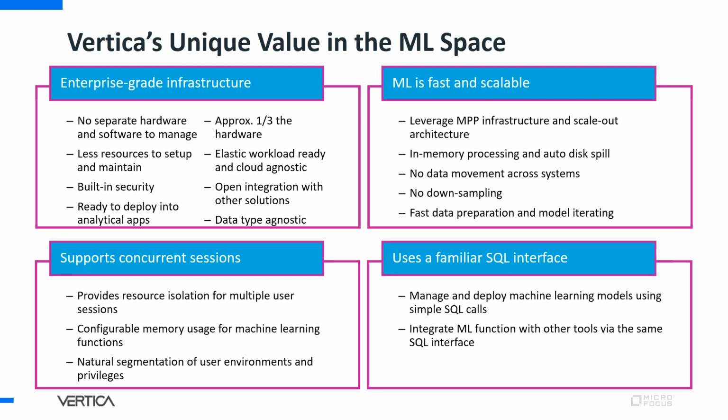What we are trying to do is simplify all these things. You don't require a lot of machines or other hardware. You can deploy within Vertica, and the model development and performance of the model will be fast.